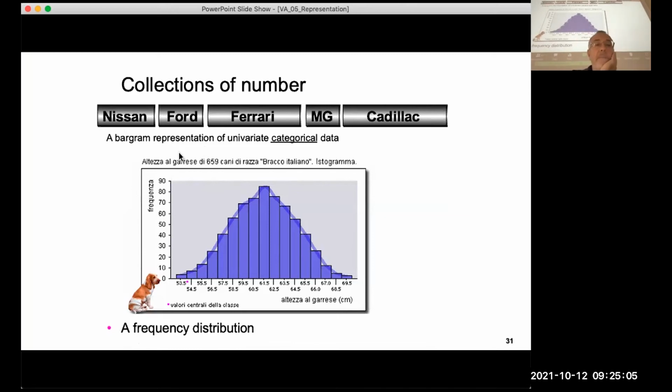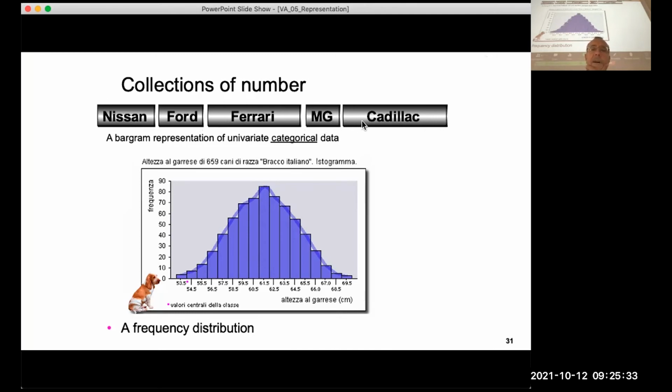You remember the example for this? Oh, sorry, this is a bar graph representing the categorical data. Here, the length of the bar reflects the number of Nissan cars around. You can see that you have more Ferrari than Nissan, and you have more Cadillac than Ford, and so on. And the Ferrari and Cadillac are more or less the same. And that raises another point.